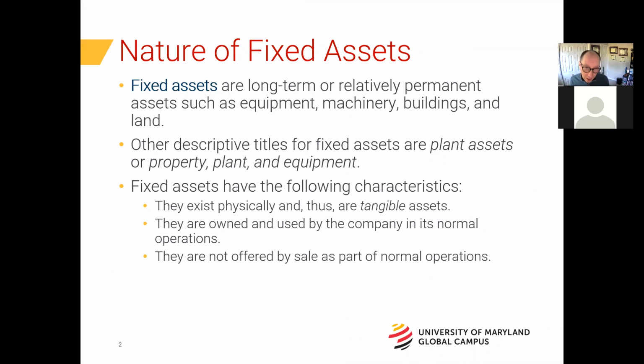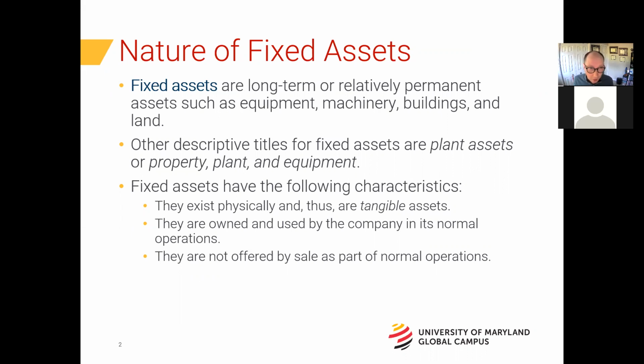You'll see them listed as property, plant, and equipment. These are physical, tangible assets that are owned by the company and are used in normal day-to-day operations. They are typically not offered for sale as day-to-day operations.